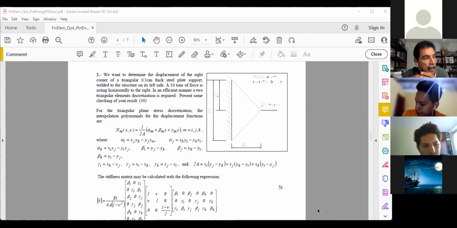Okay. And how do you get u, the displacement of any point, as functions of these polynomials N sub m of x and y? That's what you have to remember. That's interpolation, remember? That's what we do in finite elements.